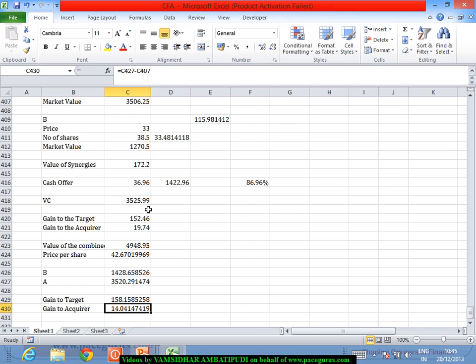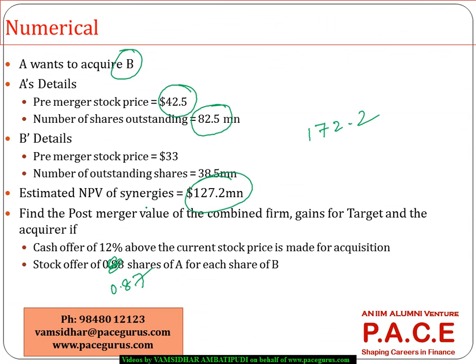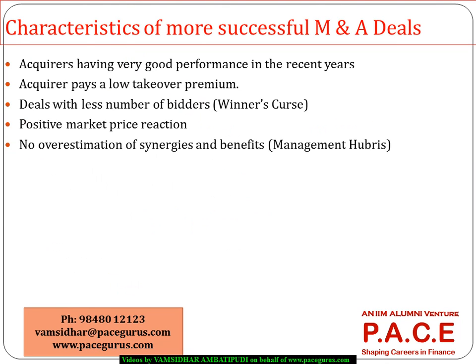Alright. Now, whenever we look at a successful M&A deal, as I was just mentioning, in most M&A deals the target benefits more compared to the acquirer. The only cases where these deals became very successful were situations where the acquirer had very good performance in recent years.